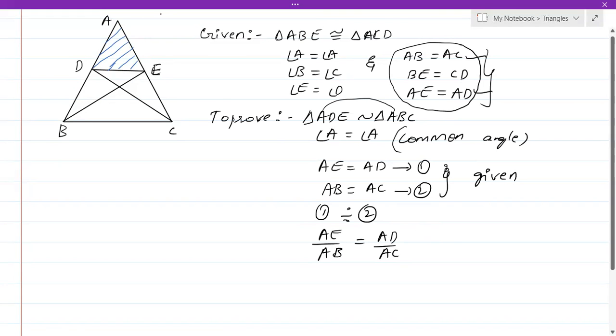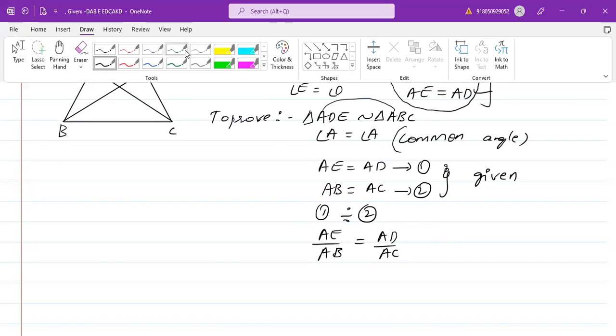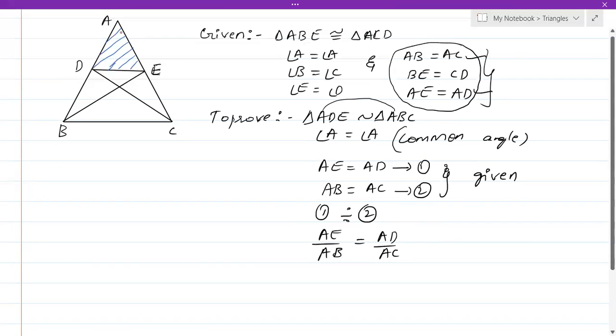Now, if you observe, this angle A is common. In triangle ADE, which are the sides containing the angle? AD and AE. These are the sides containing the angle. In triangle ABC, it is AB and AC.